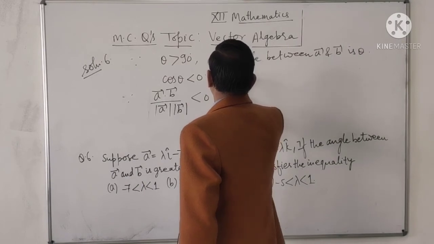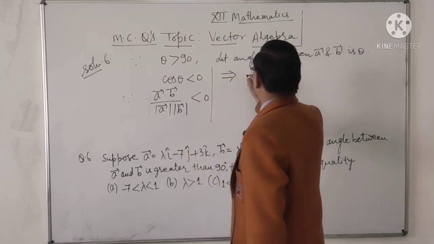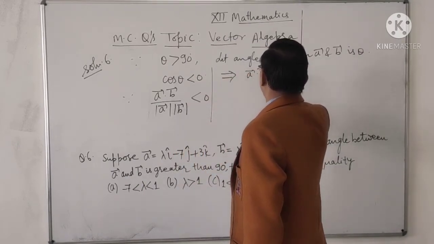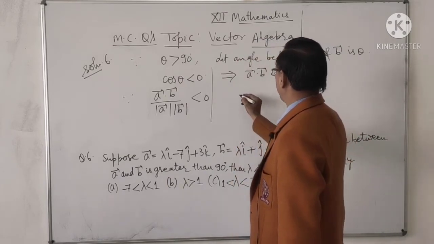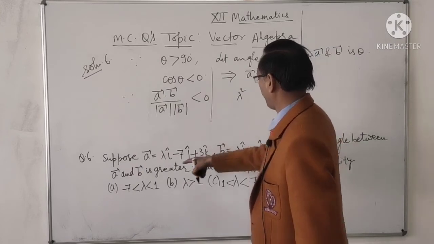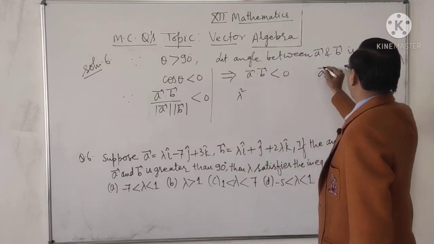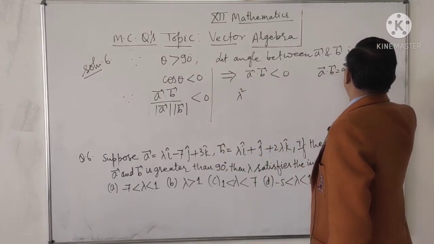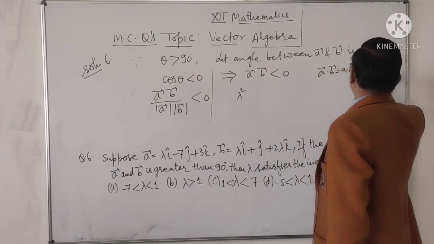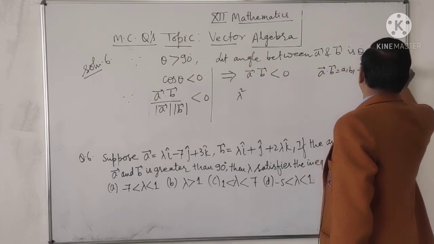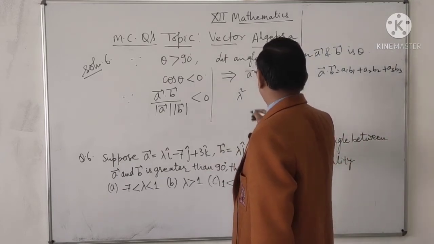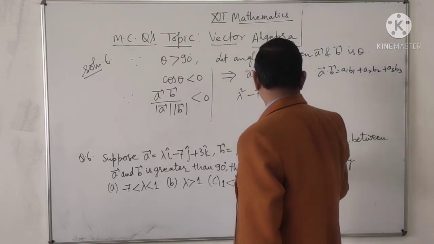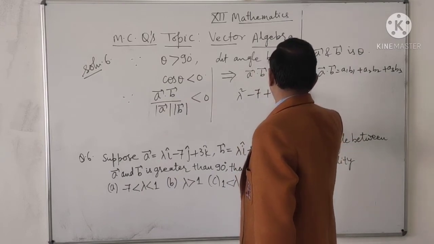This implies that A dot B is less than 0. And A dot B is, by the formula A1 B1 plus A2 B2 plus A3 B3, lambda square minus 7 plus 6 lambda less than 0.